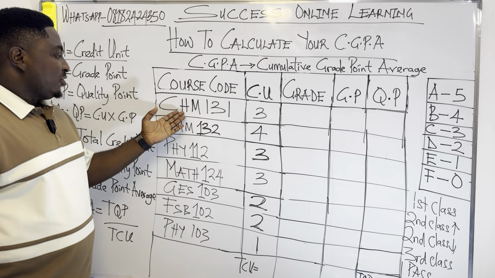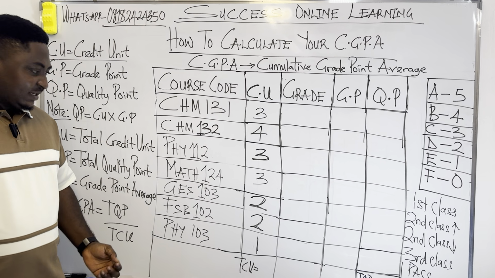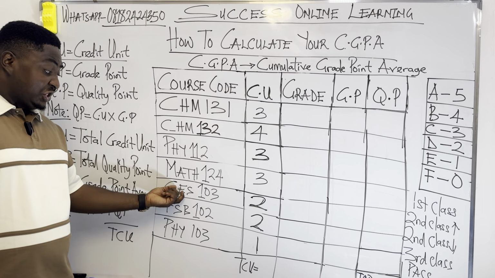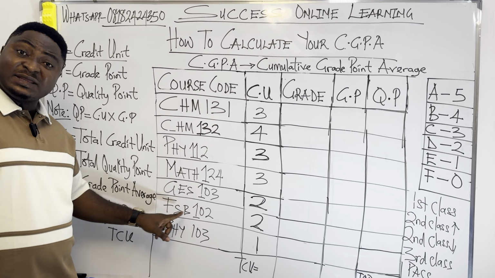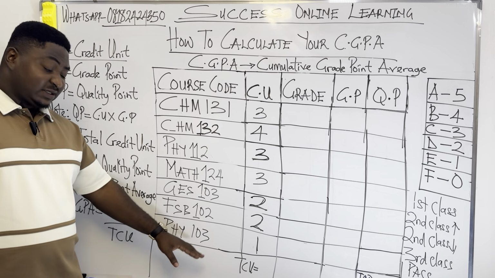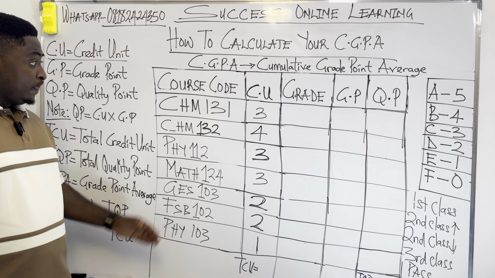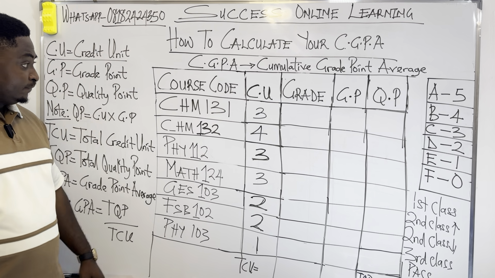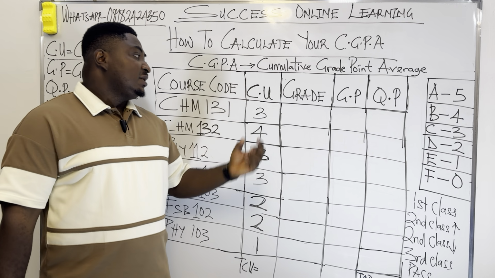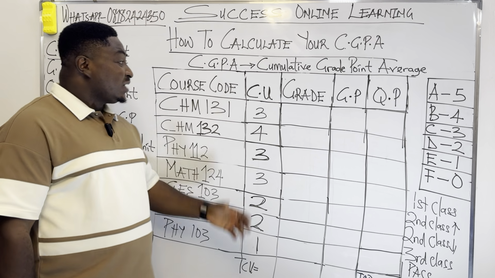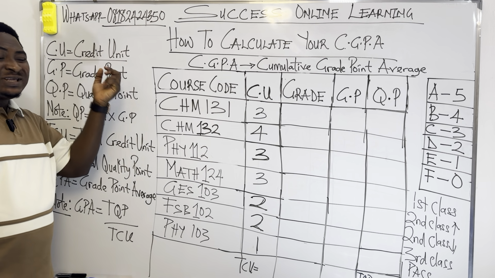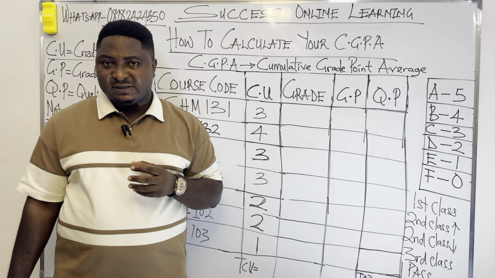You're studying chemistry, physics, mathematics, GS, which is general studies, FSB, fundamentals of biology, and Physics 103, which is the practical physics. All these courses do not carry the same weight. You can see that for Chem 131 the credit unit is 3, but for Chem 132 the credit unit is 4. So the credit unit almost shows the importance of that course to your department.